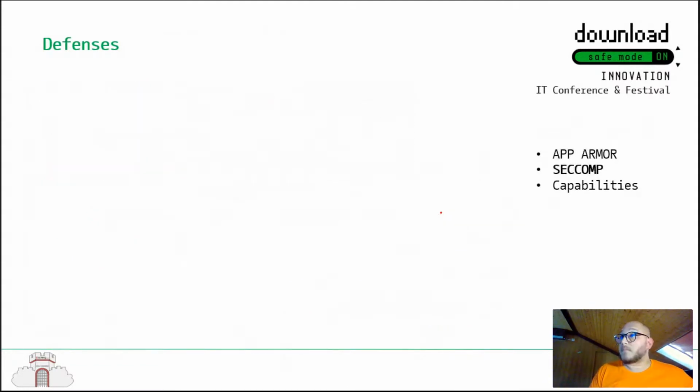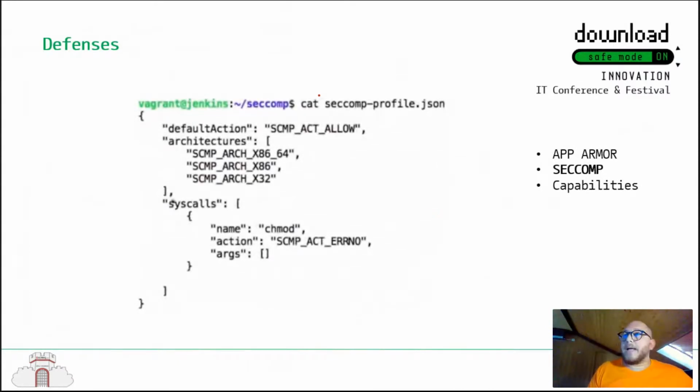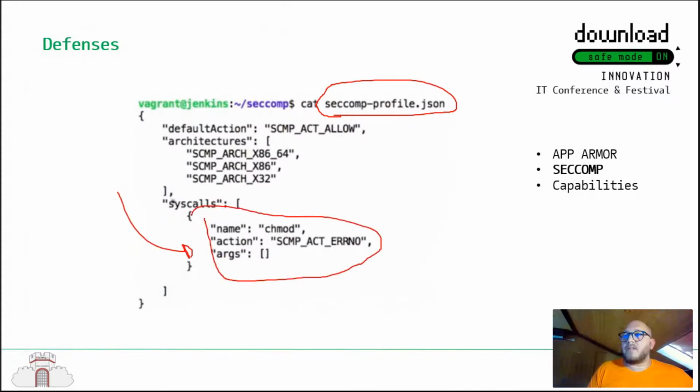Okay. We also have seccomp. Seccomp is the same thing, but this time the profiles are made with JSON. In this particular example, what is forbidden for the user is to use chmod, which changes the permissions of a file.